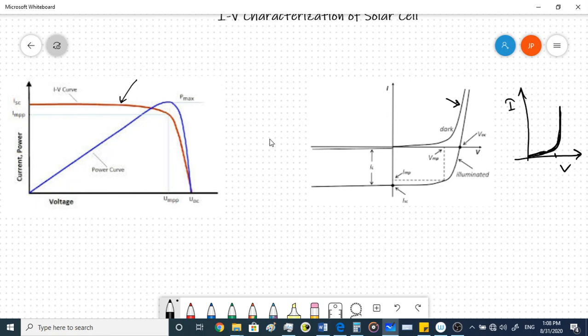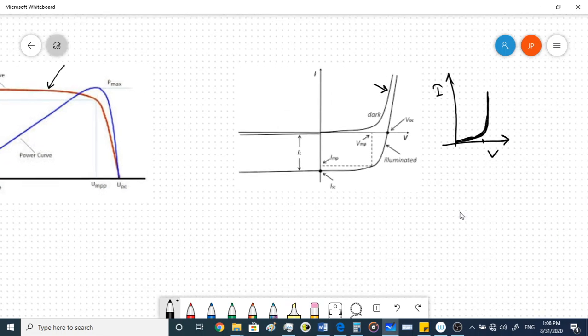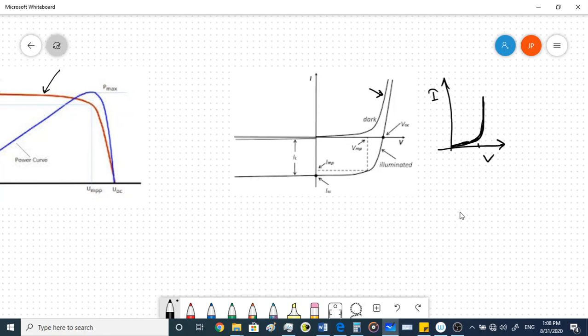But if you fabricate a solar cell and put it under proper irradiation, then you will get a graph in this format, the illuminated graph of IV characteristics. This is the same graph of the diode, or the semiconductor, that comes into the fourth quadrant in this graph.